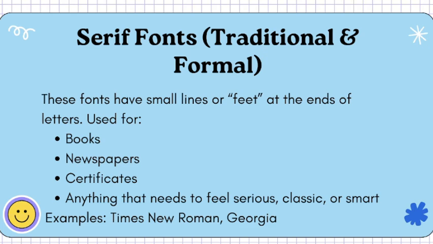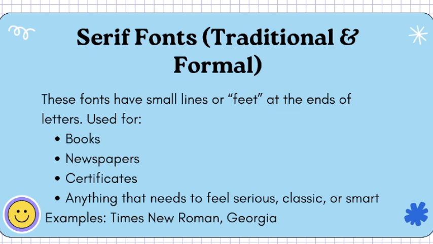So we also looked at different types of fonts. Here we looked at serif fonts, which look traditional and formal, and we said that these fonts have small lines or feet at the end of the letter. They are used for books, newspapers, certificates, anything that needs to feel serious, classic, or smart.